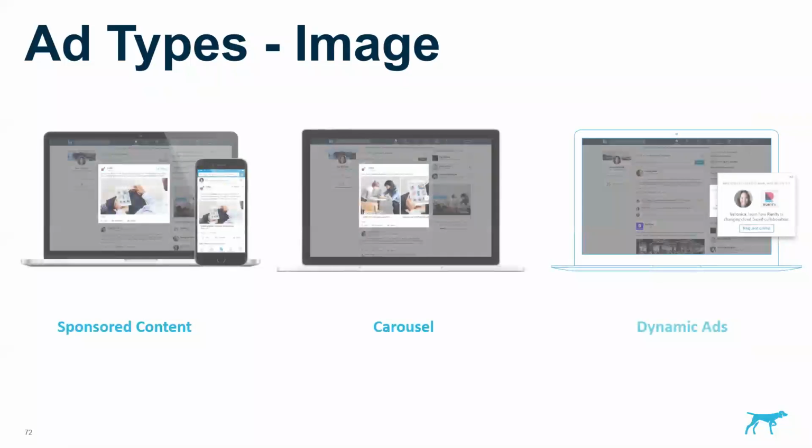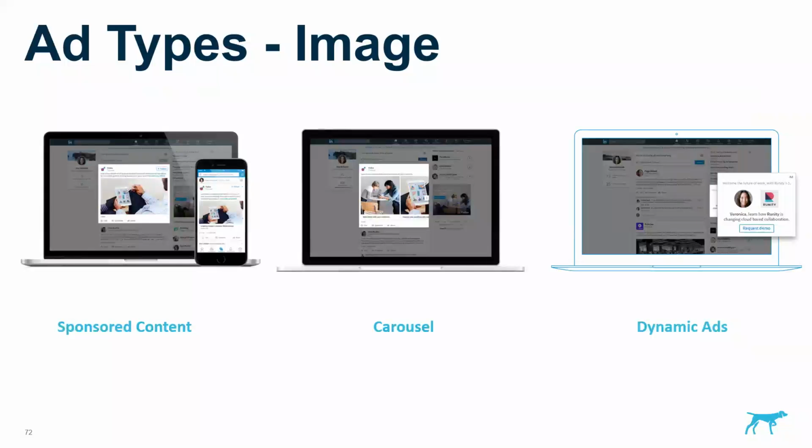For the ad types, we've got sponsored content. So that's the very newsfeed-like ad. They've just decided to call it sponsored content. Big image, description text, link. Carousel, similar to Facebook, multiple images, each can lead to an individual landing page. Dynamic ads.